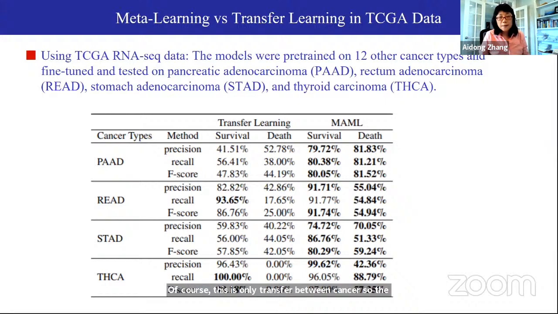If you want to transfer between cancer data and some other disease like Alzheimer's, that's a different story. The distribution of the data may be completely different, so even using meta-learning may not work well. I should point that out.